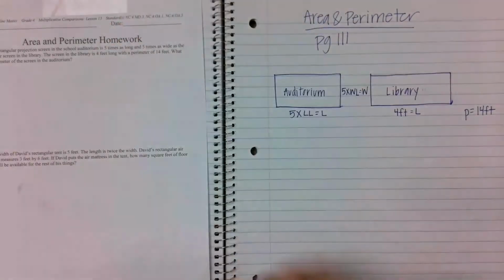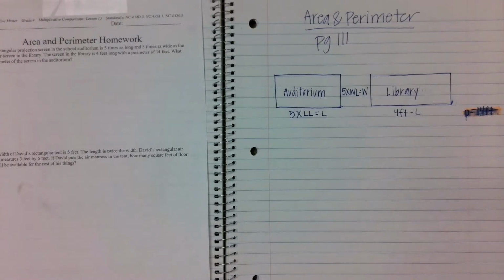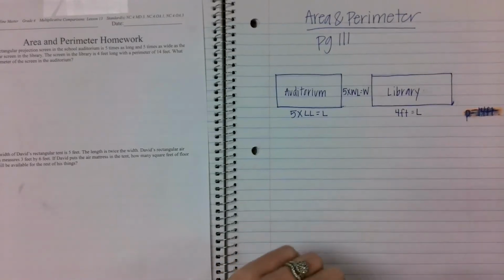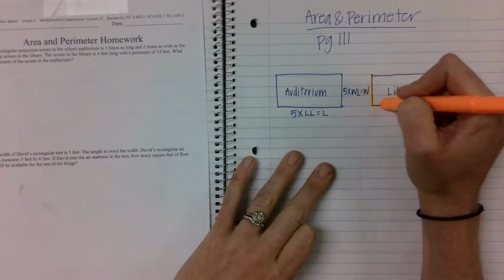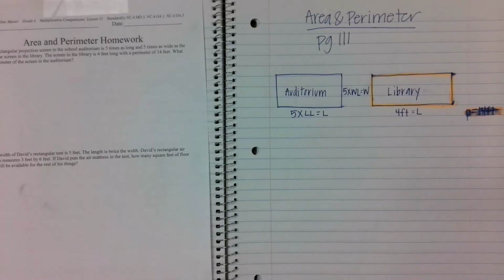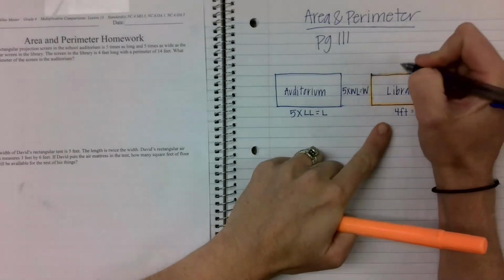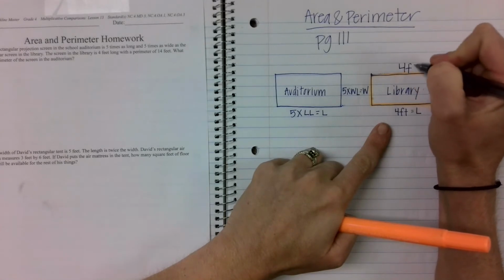Oh my goodness, that was not good. Well, let's see here. Hopefully this doesn't mess up either. So we want our perimeter to equal 14. So if this is 4, then this must be 4 too.